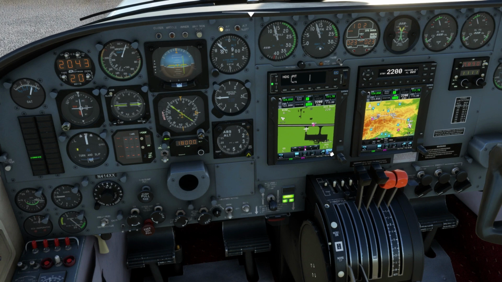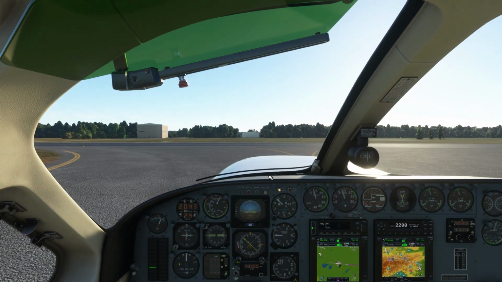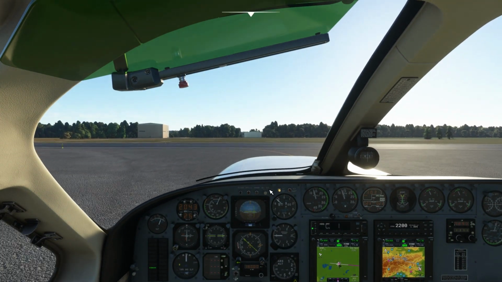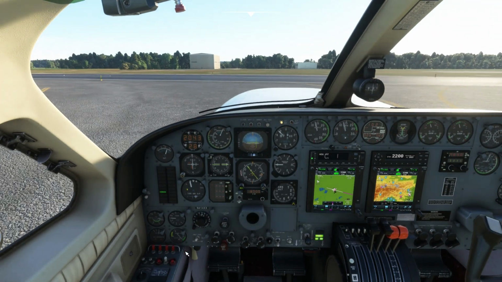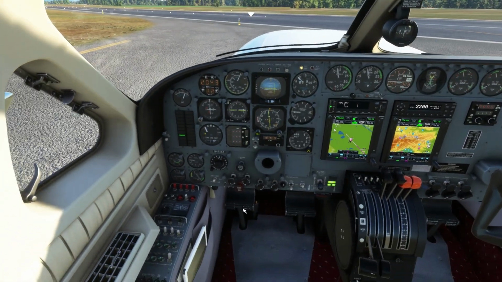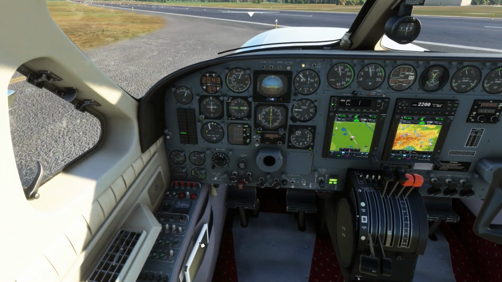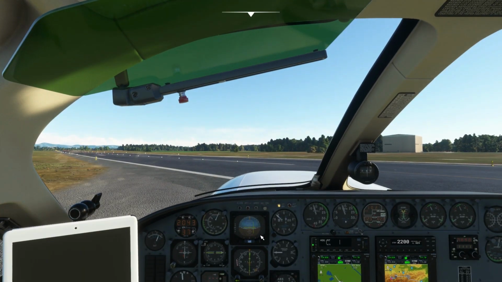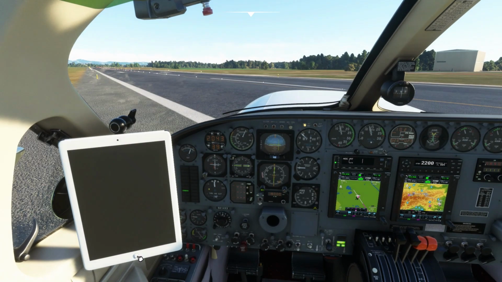So let's do some range here. And I usually keep my tablet on so that I can check the temperature as we're climbing.